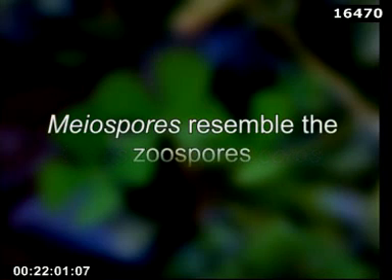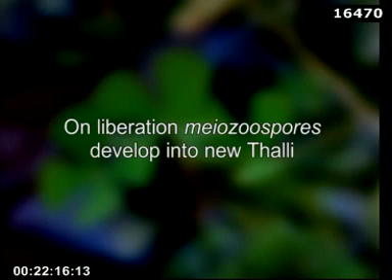These 4 nuclei are organized into meiospores, which resemble zoospores, having a crown of flagella at their anterior end. On liberation from the oospore or zygote wall, they develop into new thalli of Oedogonium.